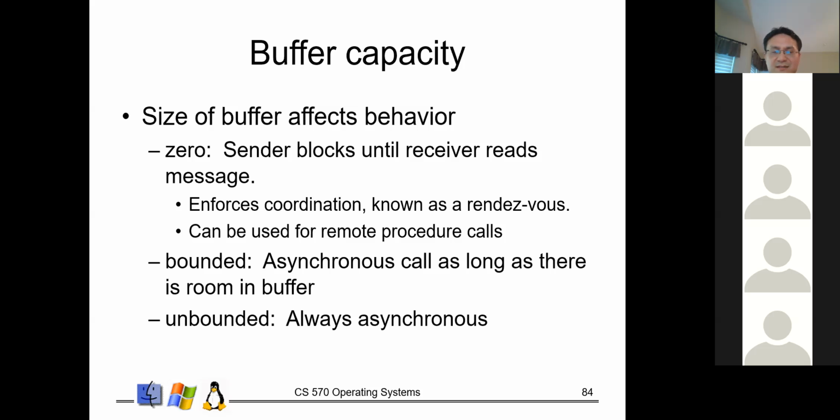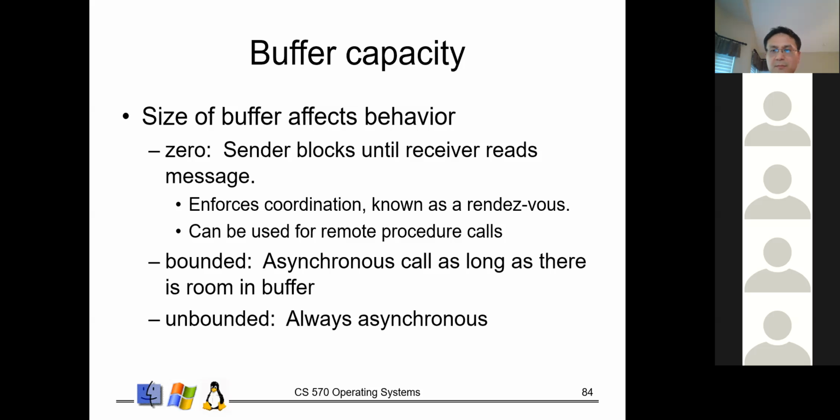That means the sending process blocks until the receiving process reads the message. So essentially, there's no buffer between them. The message is directly copied from the sender to the receiver, right?